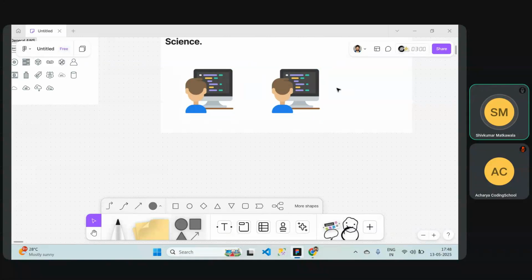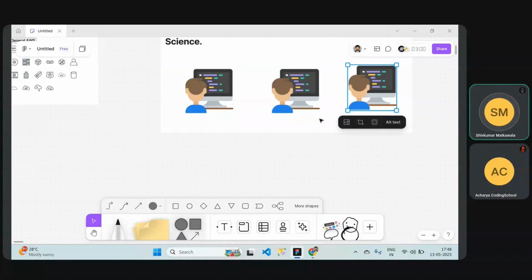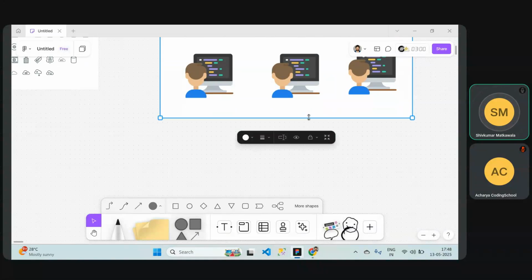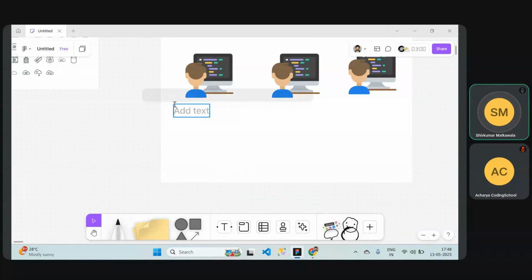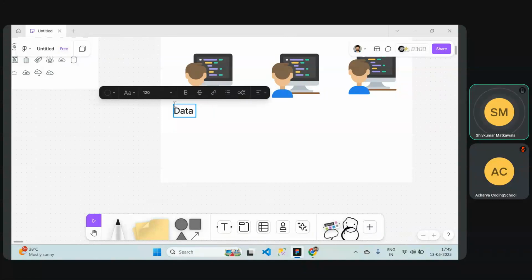This guy called data engineer will collect the data through surveys, through applications, through web scraping, through different means. This guy can acquire the data, collect the data. So the very first step is called data gathering, or data collection.